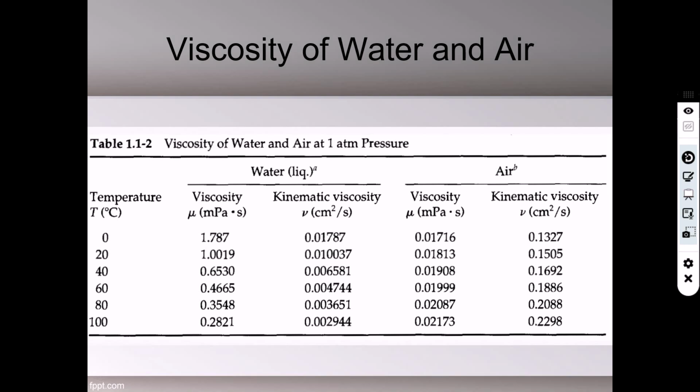And let's use the water for example. The water has a hydrogen bond. And this hydrogen bond, if you increase the temperature, the effect of the hydrogen bond on the water will be reduced, and so the viscosity is reduced.